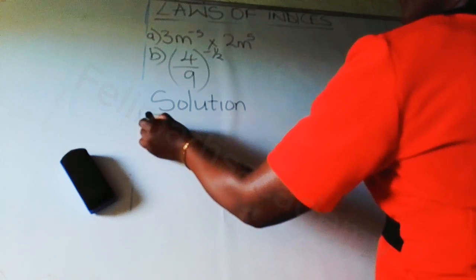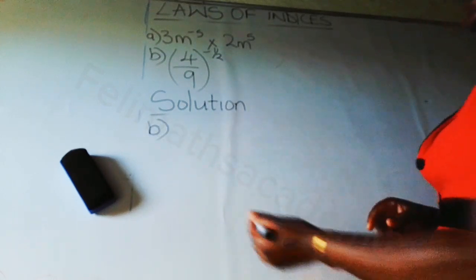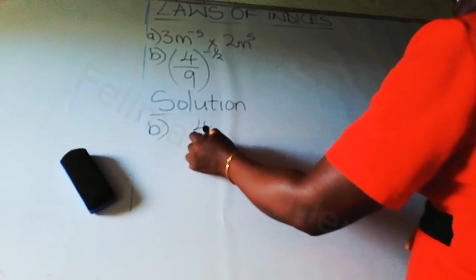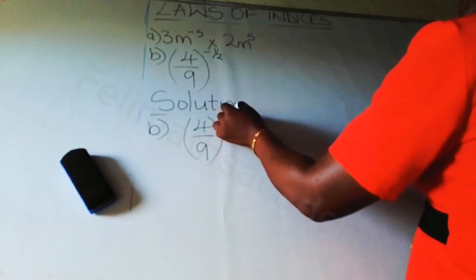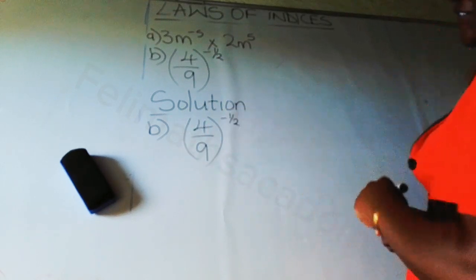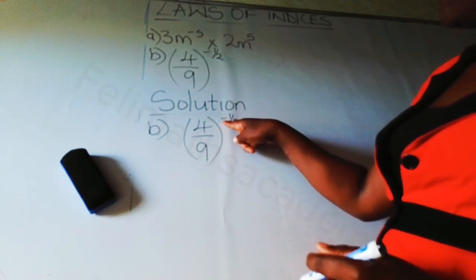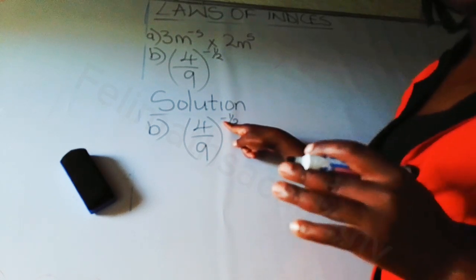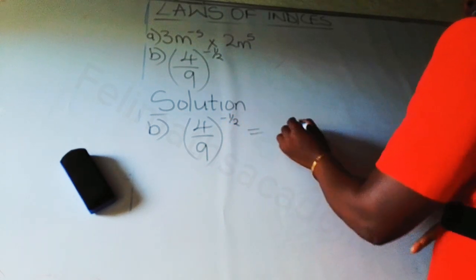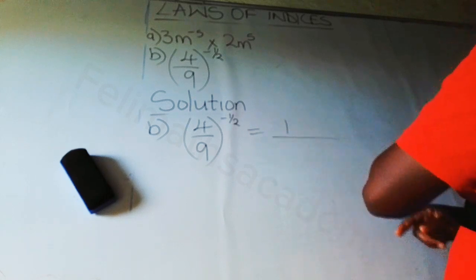I'm interested in the B part. 4 over 9 to the power of negative half. Remember I said any power that is negative implies 1 over.